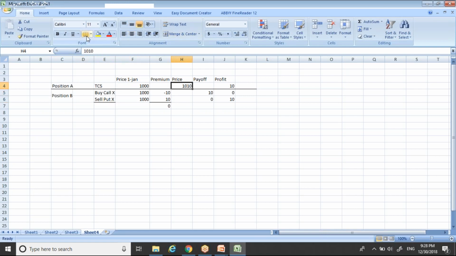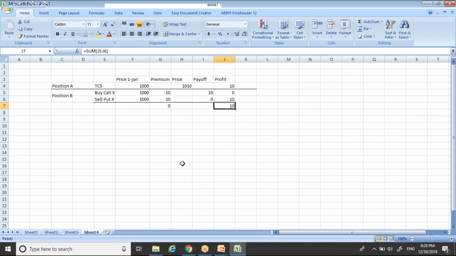So if the share goes to 1010, the profit of the share is 10. The payoff for this thing is 10. Profit is 10. So both are same.